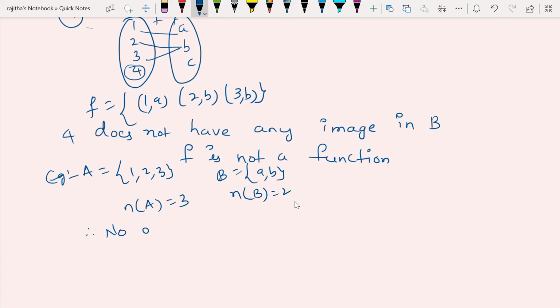Therefore, the number of functions from A to B is n(B) to the power n(A), that is 2 to the power 3, which is 8. Okay.